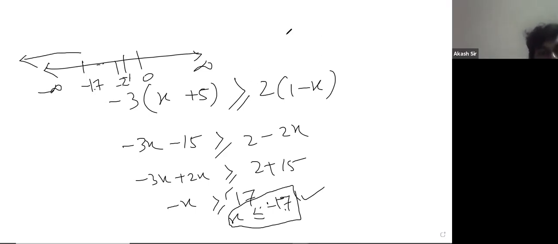Moving forward, I think you are clear with this, right? You can solve linear inequations, no issues. And you can represent the solutions on number lines also. Say yes or no. Yes, sir. Okay, now there is something called intervals.